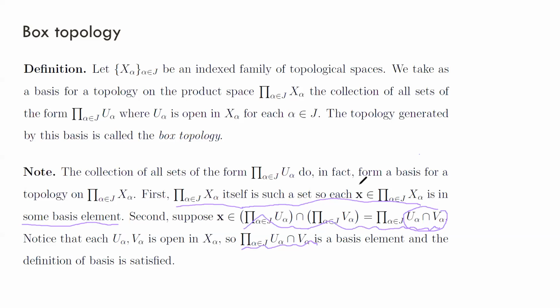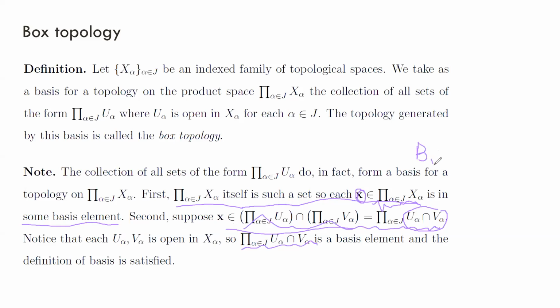Let me explain it again if anyone wants it. For the first condition, every element x here, I don't know how to pronounce this one, is in some space's element, right? And then we can write it in an easier form.